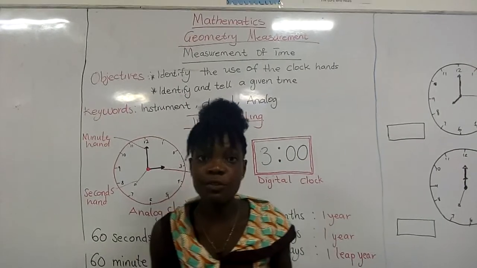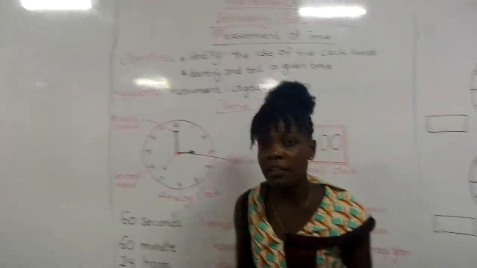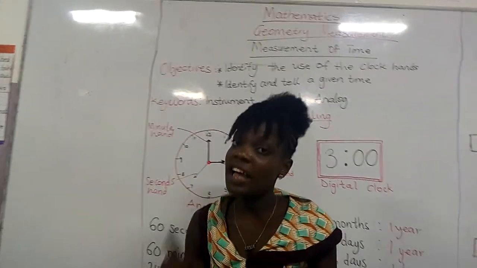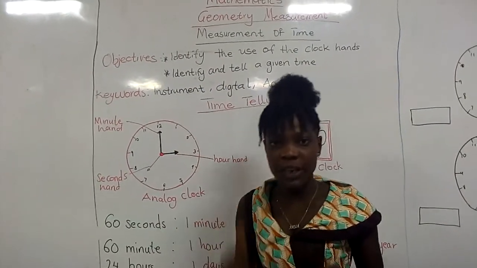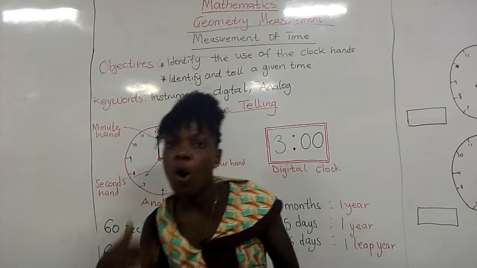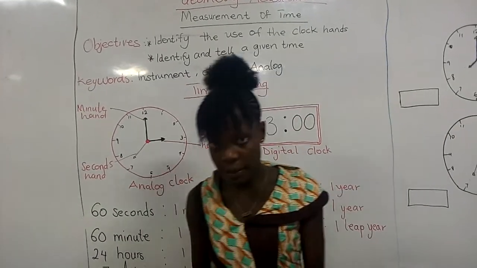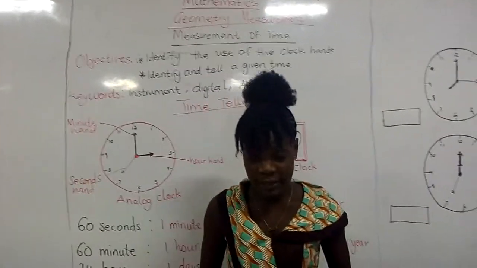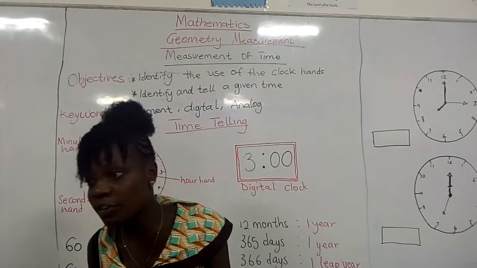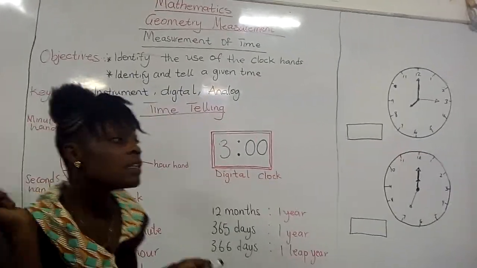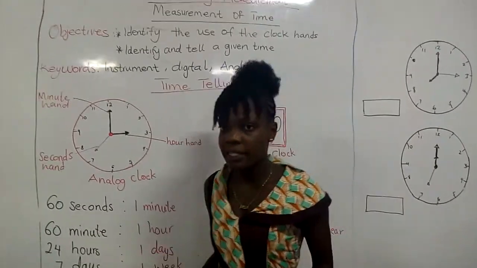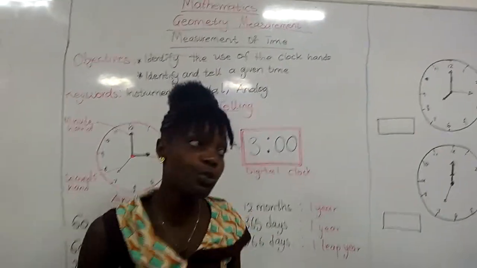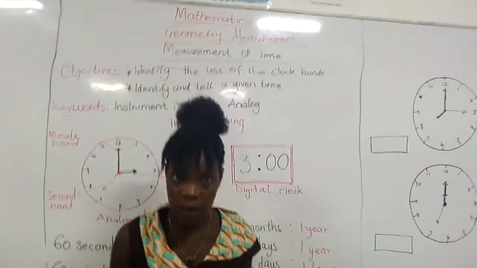Out of the 8, 7 of them have 31 days, and they are January, March, May, July, August, October, and December. Only one of the months has 28 or 29 days, and this month is February. We got to know how the calendar works too.